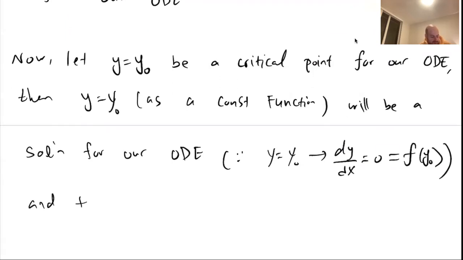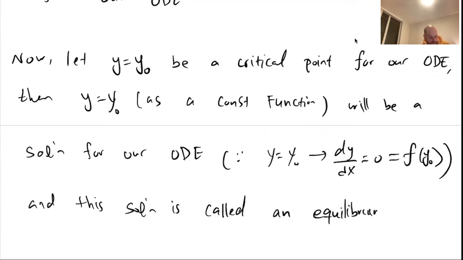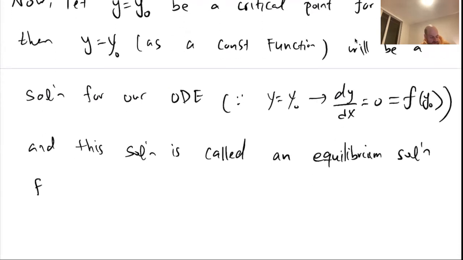And this solution is called an equilibrium solution for our ODE.